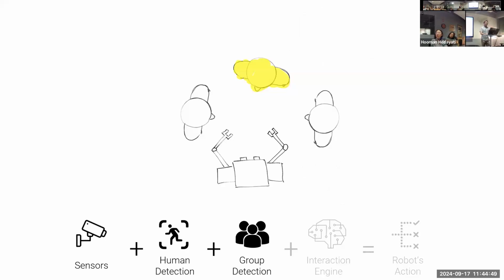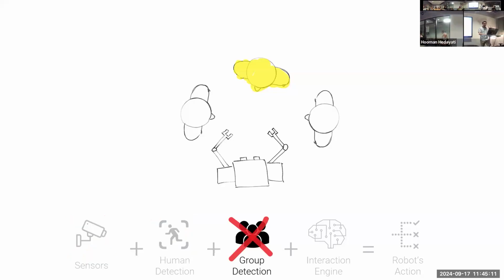So the problem here is that the sensors are not perfect, and we cannot access 100% accurate data. As a result, the human detection does not work well, and the group detection does not work. Then two scenarios happen.